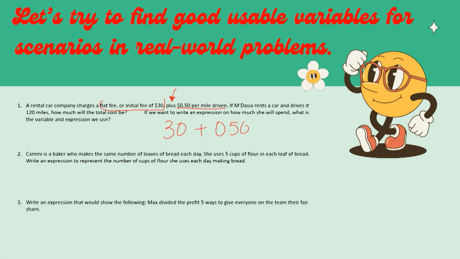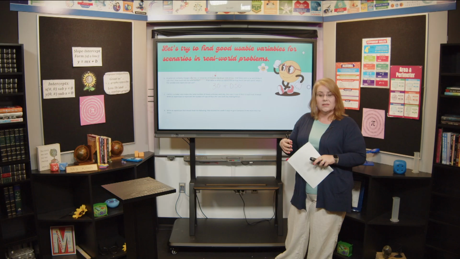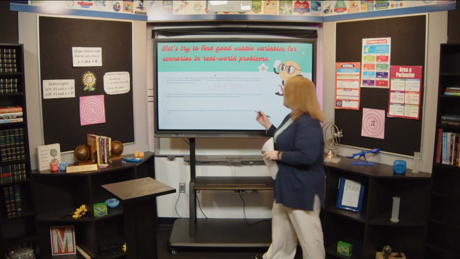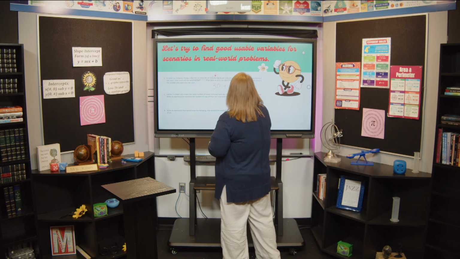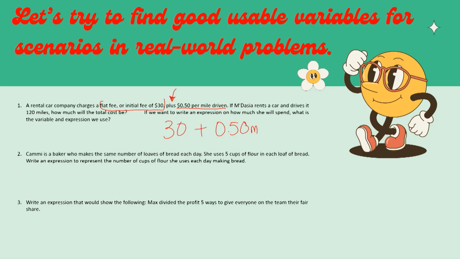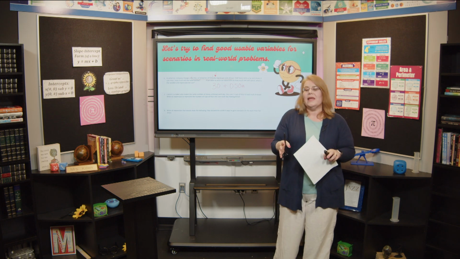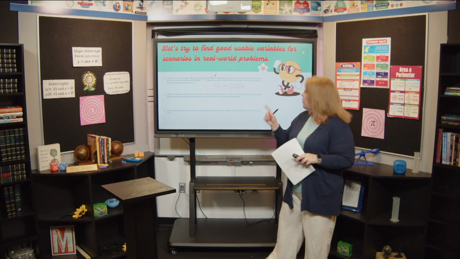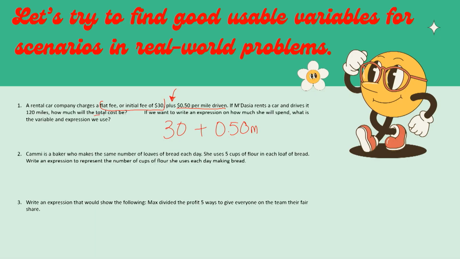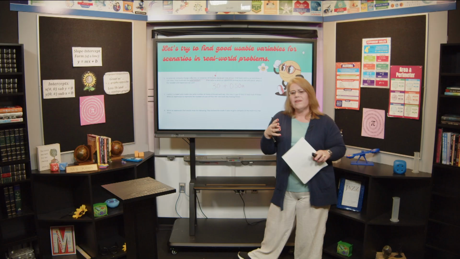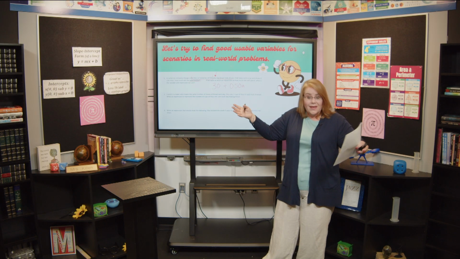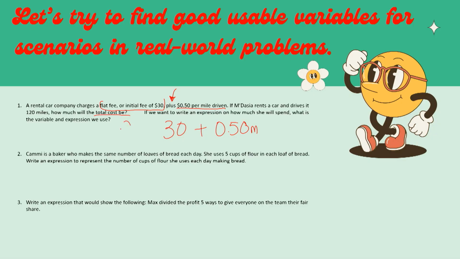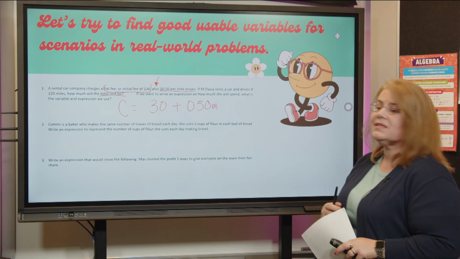Now, what would be an appropriate variable for this? Exactly right. Miles would be M. Now, with all of this money that I'm spending, what am I looking for? How much it's going to cost. So what's a good variable for cost? It's C, right? So my total cost would equal $30 plus 50 cents a mile.